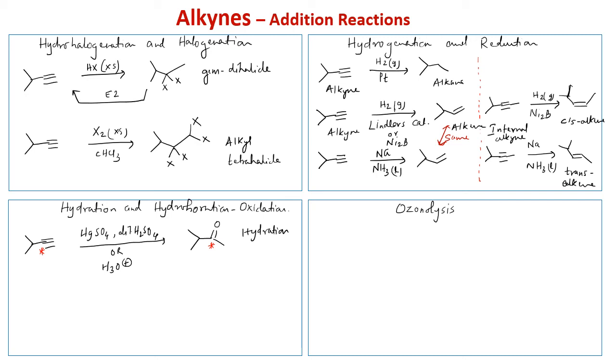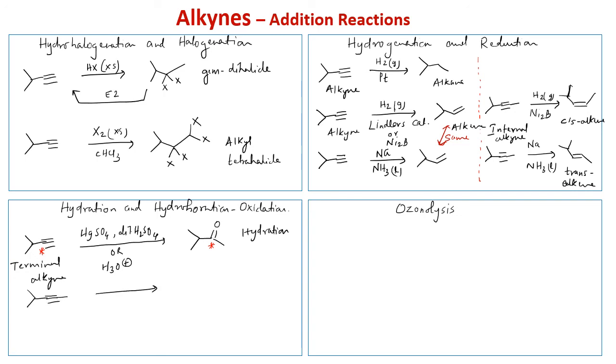Now this is a terminal alkyne. If this reaction were done using an internal alkyne, then you would have two possibilities for the ketone product.